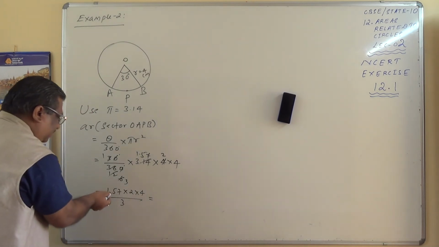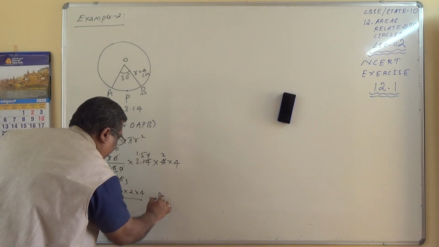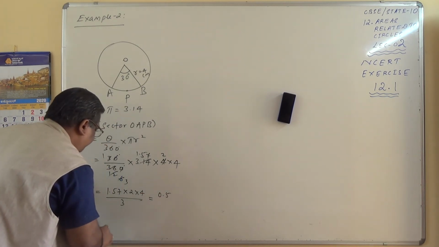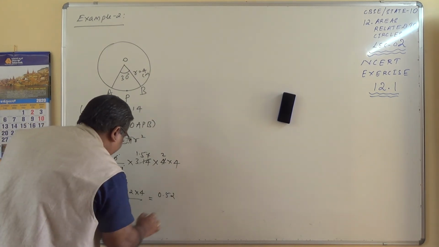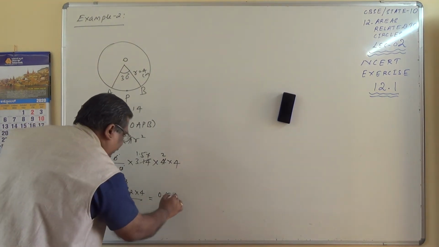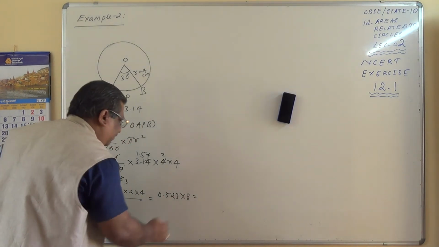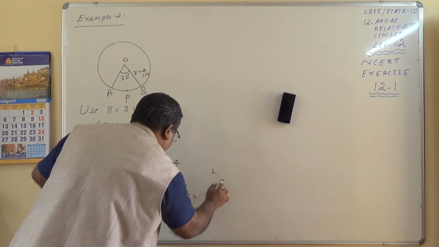I will work out this 1.57 by 3 as an approximate value.